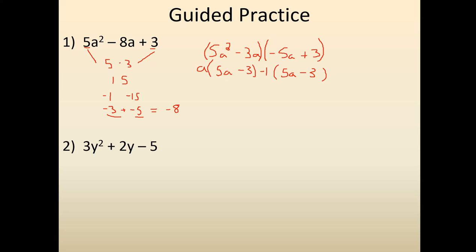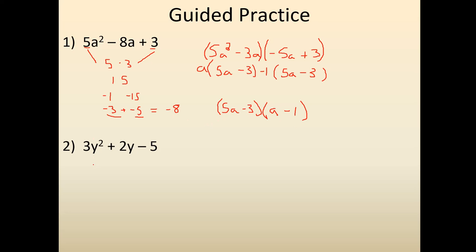The common term is 5a minus 3, so that's my first factor. My second factor will be the terms I pulled out: an a from over here, and a negative 1. So my full factorization becomes (5a minus 3)(a minus 1).